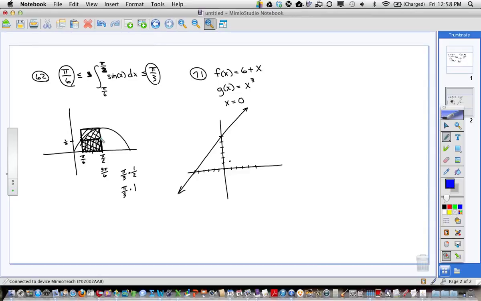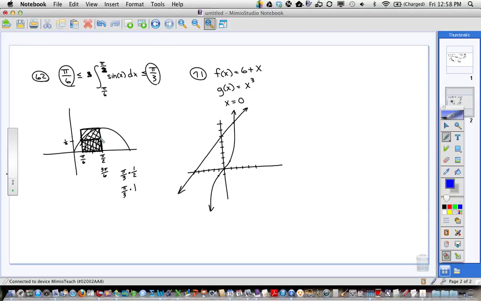It would also go through the point 2, 8, which happens to be right on that line as well. Okay, so what we would have is, and this is something we'll do a lot later on in the years, we will have to draw these curves and make nice pictures so that they look decent.